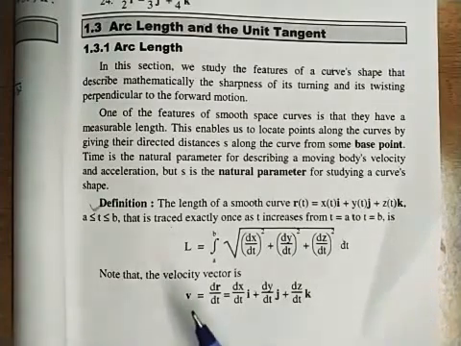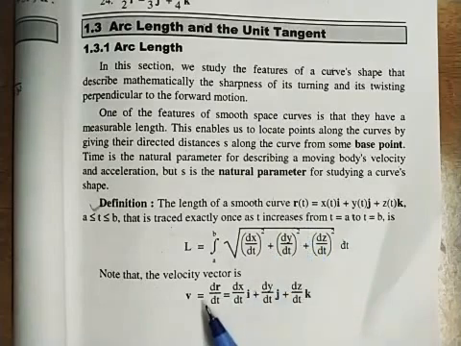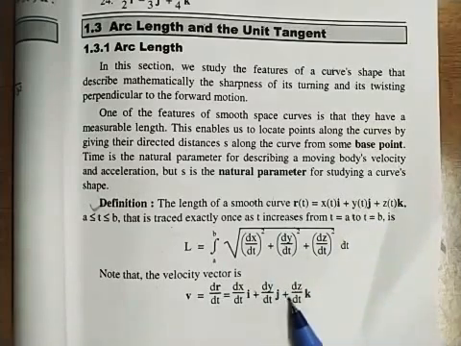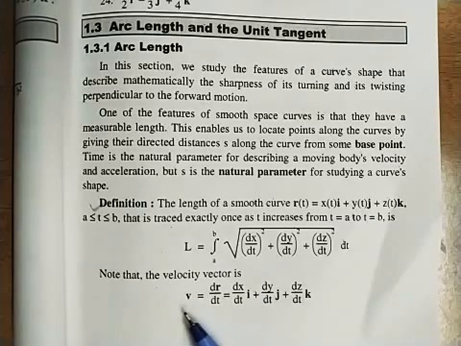Now here note one thing: what is our velocity vector? If this is the smooth curve r, then v is dr/dt. Dr/dt means it will be dx/dt i + dy/dt j + dz/dt k. So from this, what will be the magnitude of v?